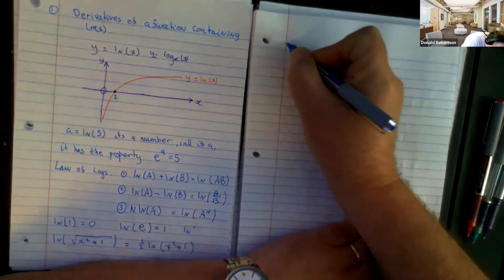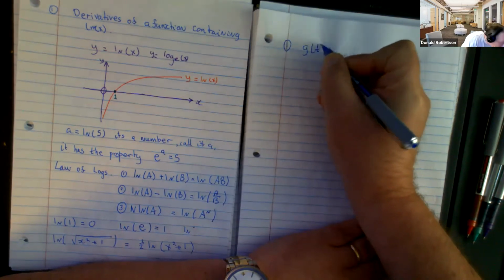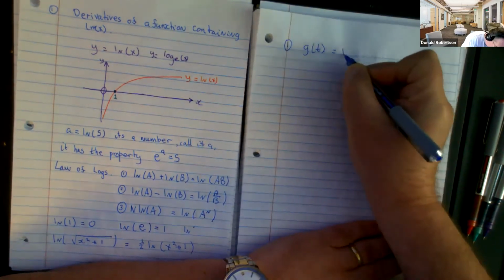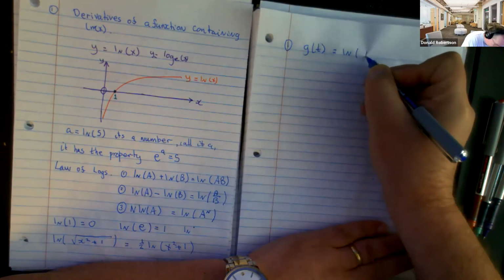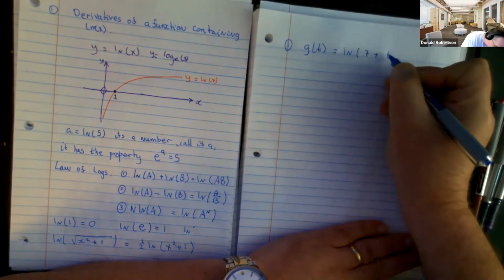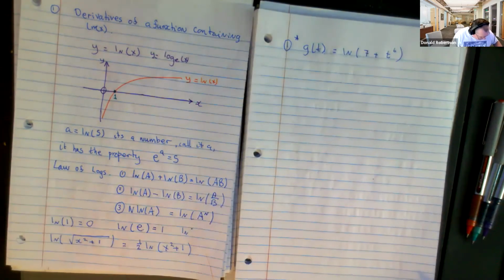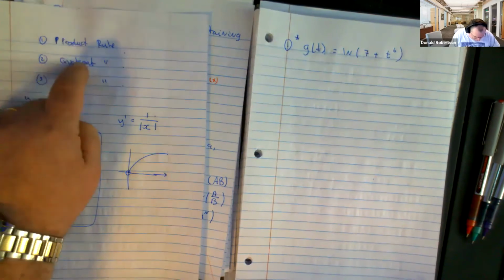So here's our first example of finding a derivative. The natural log of 7 plus t to the 6. So product, quotient, or chain rule?